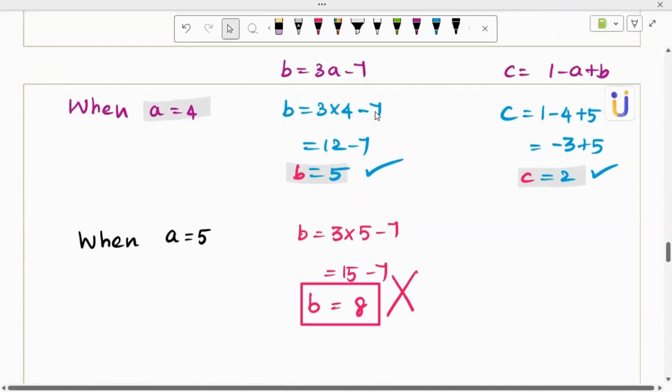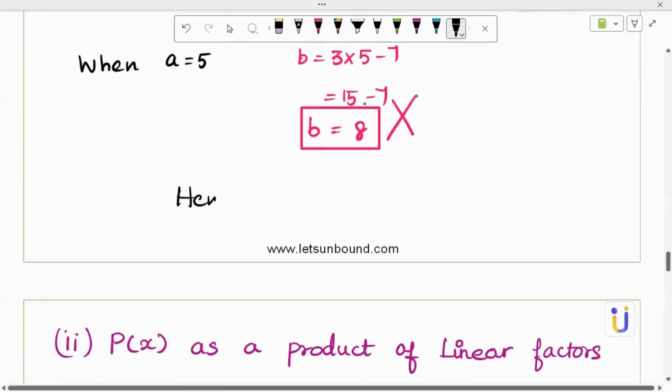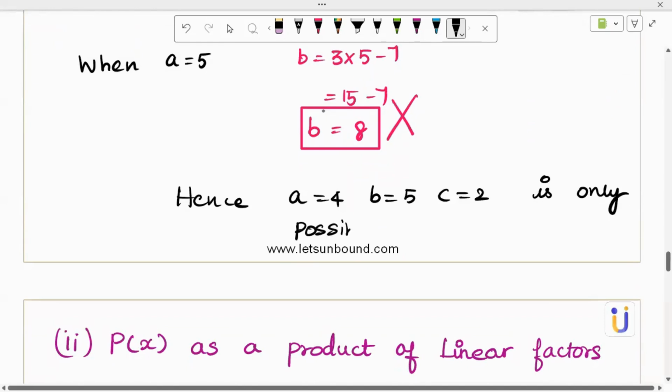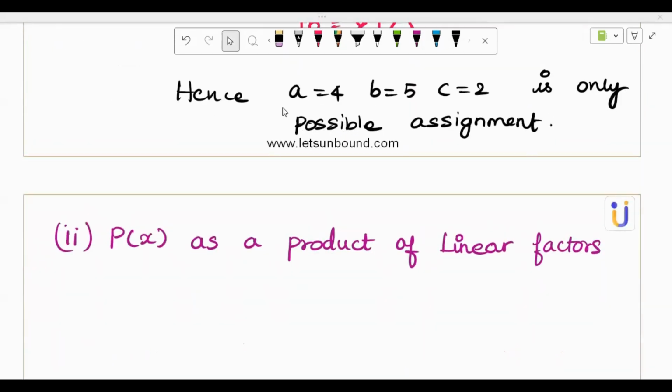And this is the only possible combination. Hence A equal to 4, B equal to 5, C equal to 2 is the only possible combination. That's it.